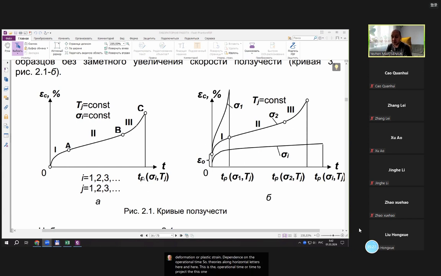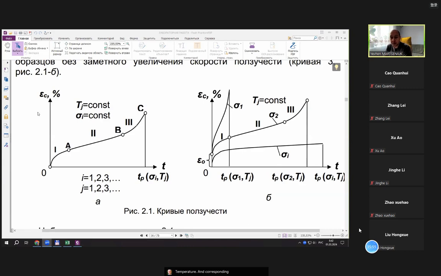Time to fracture, you already know from the previous topic, depends on the level of stress and level of temperature for the same material. So it is a function of the acting stress and acting temperature, and the corresponding plastic deformation.